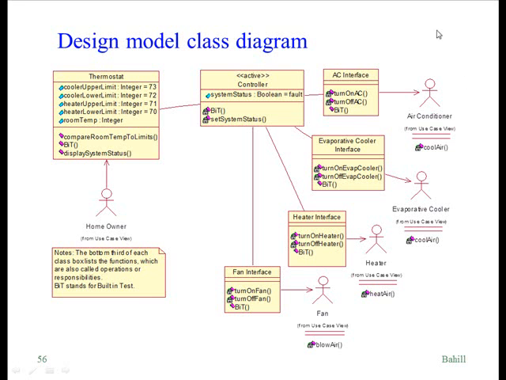Notice that, again, this is an association. This is a two-way association. There is no arrow, which means information can flow back and forth. Why do we need information to flow back and forth over here?